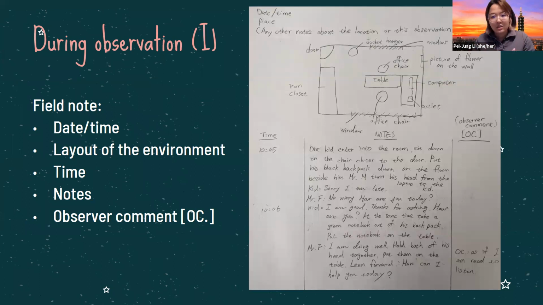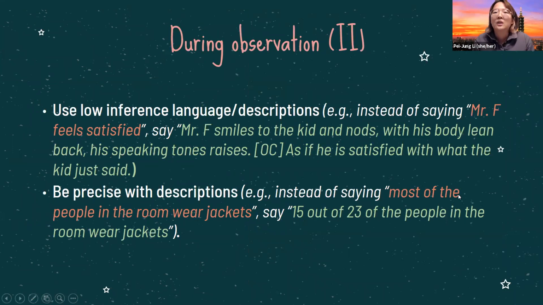So while taking these notes, you may notice we try to use just descriptive words, just capture what we see, basically. So again, during observation, one of the tips I keep mentioning is you want to use low inference language or description. So here, instead of saying Mr. F feels satisfied, we want to say Mr. F smiled to the kids and nods, which are the things you will see, with his body leaning back and his speaking tones raising.